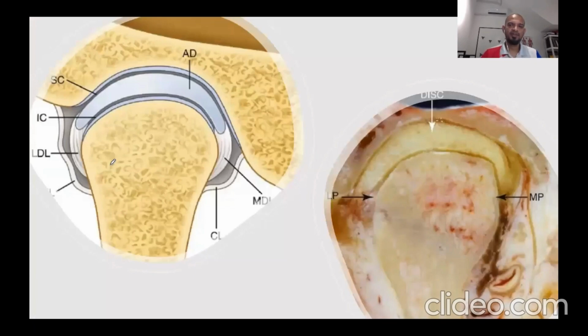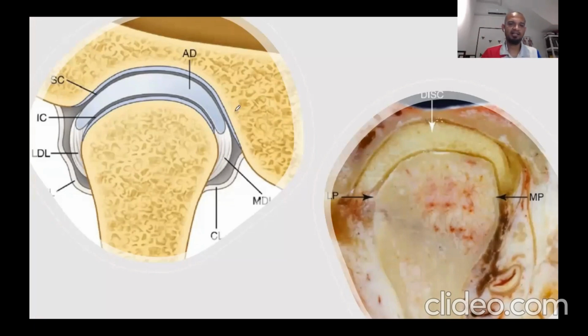All right. So when we look at the anterior view, or the front view, the disc has to be held by something. It has to be held in place. It's not just a loose thing which can travel here and there.